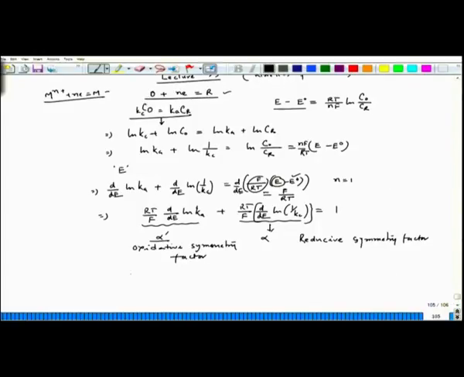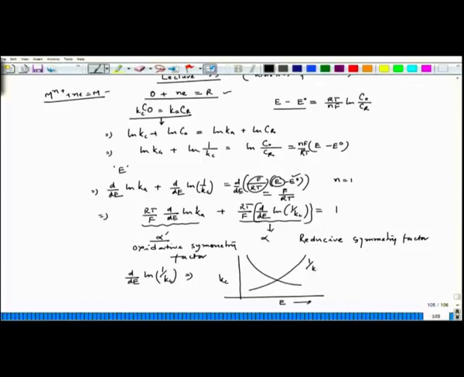So, if we see this quantity only, RT, I am just considering d/dE of ln 1 by K_C. If potential is this and K_C is this, the variation would be like this, because once K_C increases, potential drops from the standard equilibrium potential, which is cathodic polarization. So 1 by K_C would be just opposite to it.